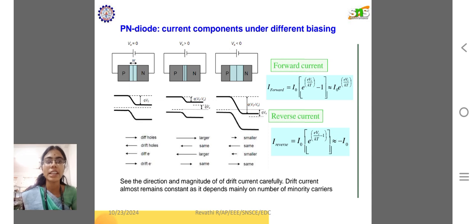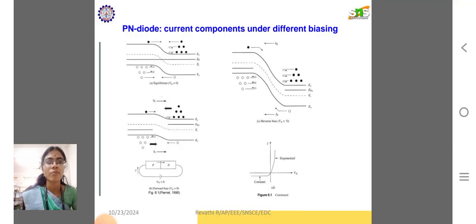PN diode current components under different biasing: see the direction and the magnitude of the drift current carefully. Drift current almost remains constant as it depends mainly on the number of minority carriers. Where there is a majority carrier, a small amount of minority carrier is present in each type.